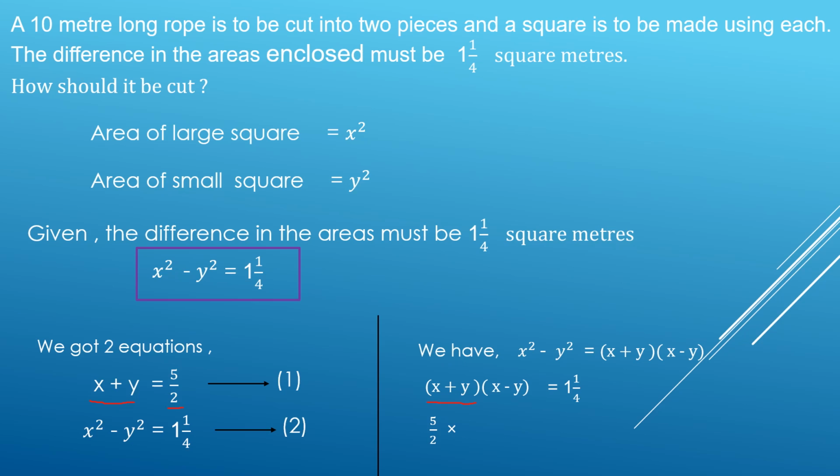So you get 5 by 2 into x minus y equal to 1 by 4. So what will be x minus y? Then x minus y will be, yes, 1 by 4 divided by 5 by 2. Good. Then next step.